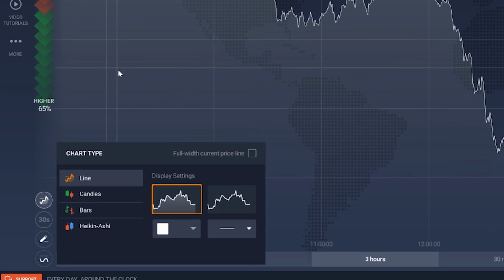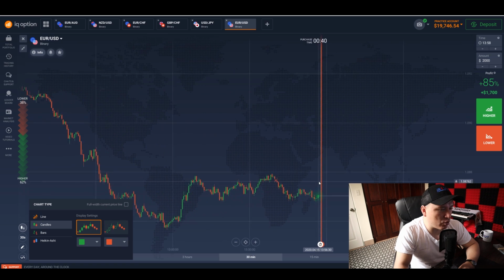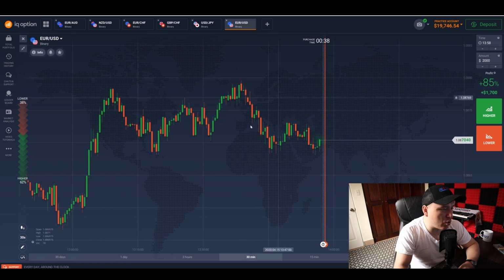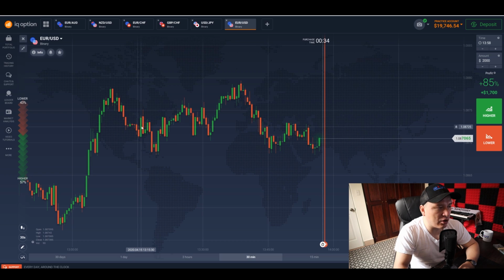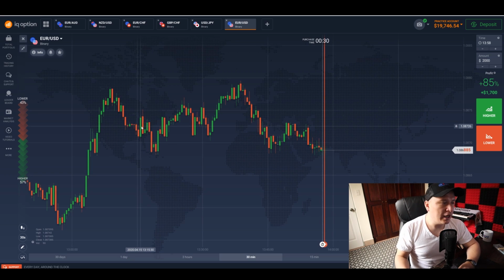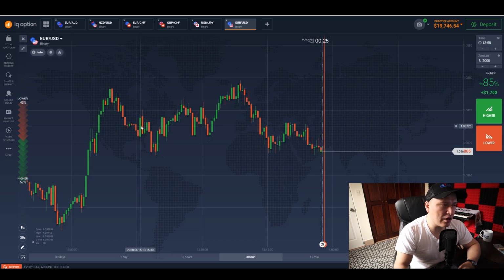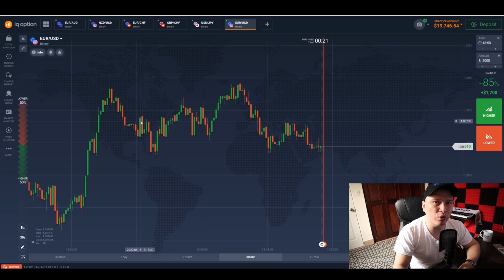The first thing you've got to do is change over here where it says chart type and change it to candles. That way we'll have a better view of the movement of the markets. The yellow candlestick is a call, which means the candle was going up, and the red candle means the candle was going down.